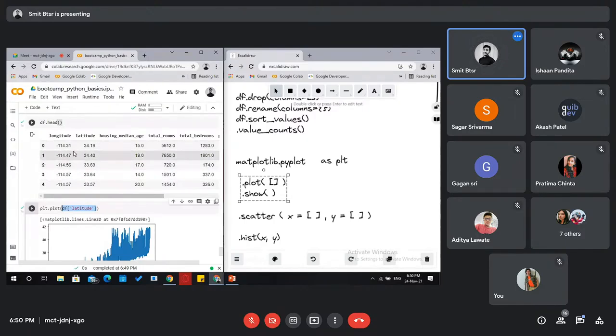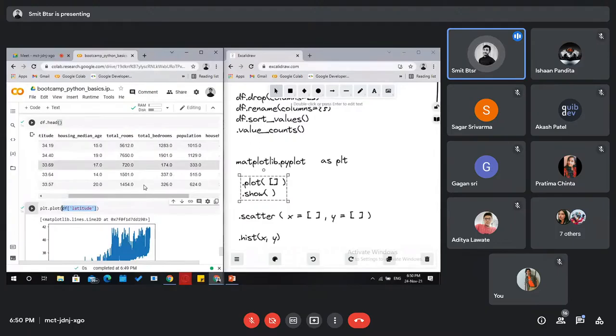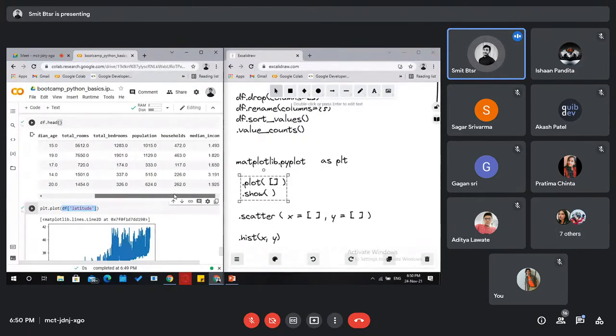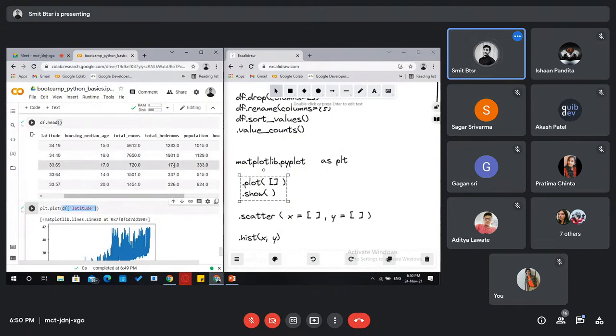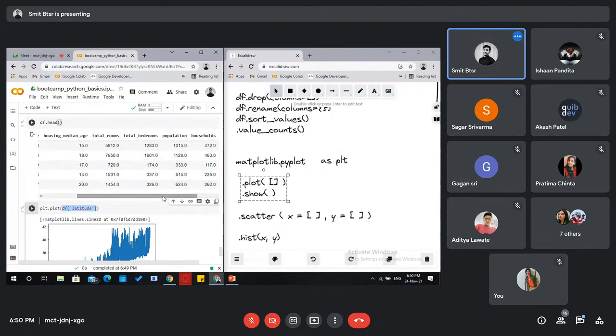Okay. So if we want to draw against x and y, if you want to specify x and y, for example, here there is a population count. This column is the population count, and there is total rooms.